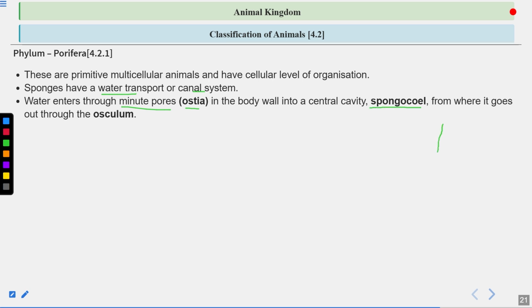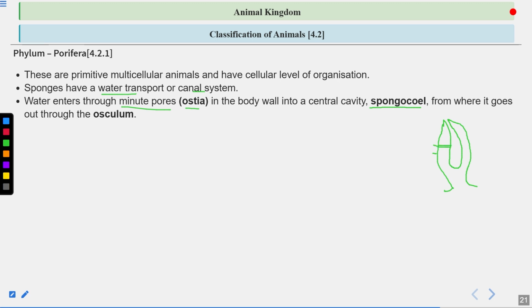So the organism is like this. I'm just drawing a rough figure to understand this. Inside this is a cavity-like thing. They have minute pores here.